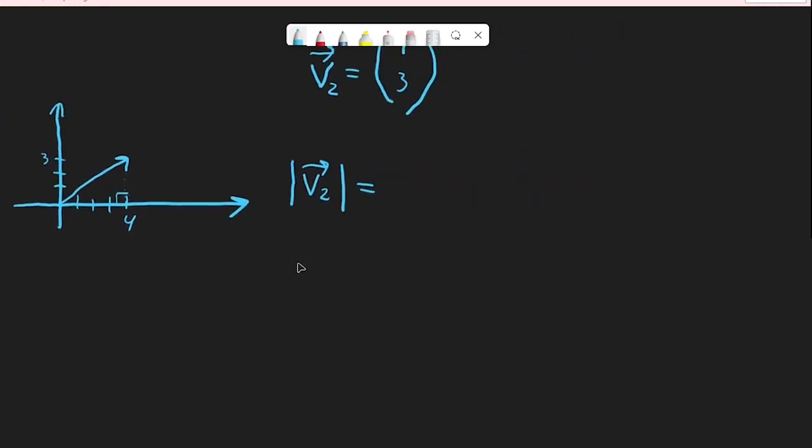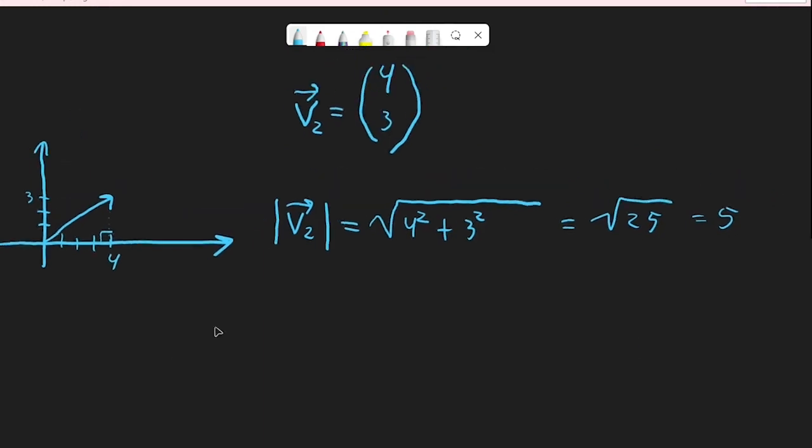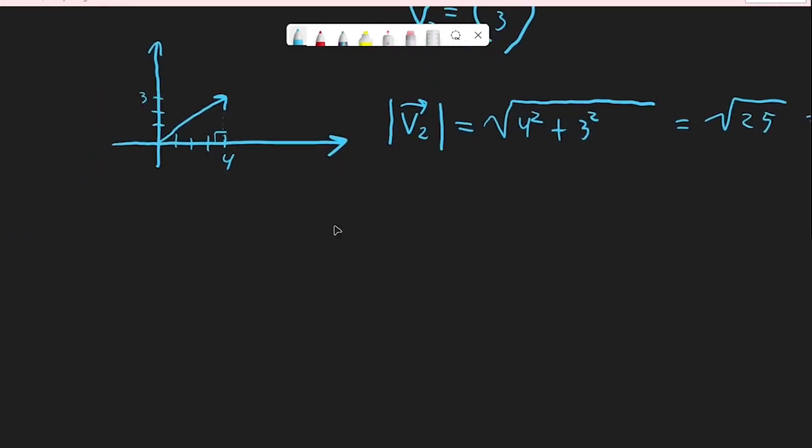And if we use Pythagoras theorem, we know that this is the square root of one of the sides squared. So that's 4 squared, and the other side squared. The other side is 3, so 3 squared. So this will end up being the square root of 25 or 5. So the magnitude of this vector is 5. So this is how you calculate the length of the vector as well.